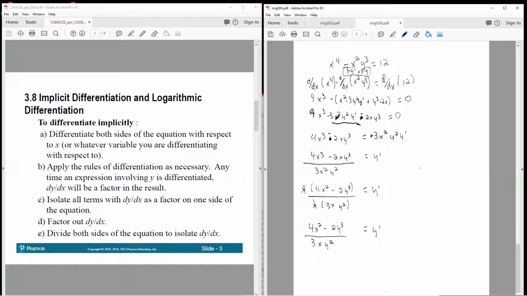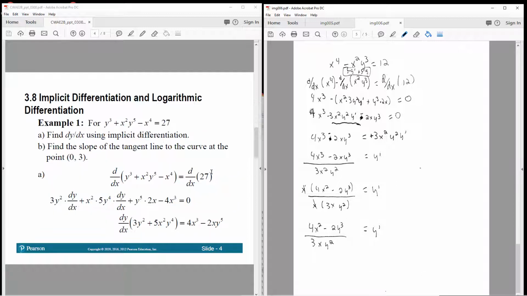Then I divide by, so I have y prime by itself. In this case here, I have a common factor of x. So I factor out an x, and it cancels. And I solve for y prime using implicit differentiation here. Now, let's look at some more examples here.